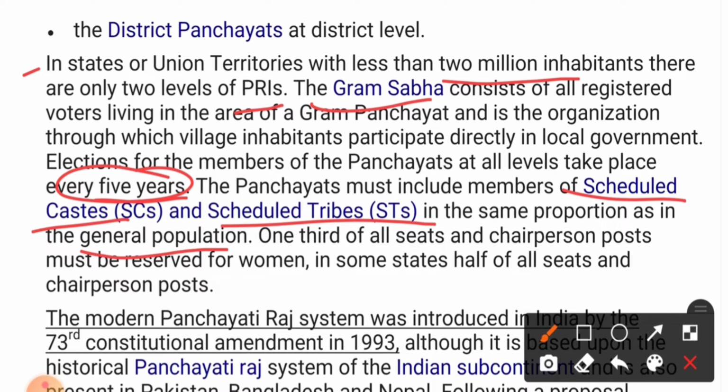Means the panchayat should have members of all communities. It should not exclude any communities, including SC, ST, and general. One third of all seats and chairperson posts must be reserved for women. Okay, there should be a reserved post for women also. In some states, half of all the seats and chairperson posts are reserved for women.